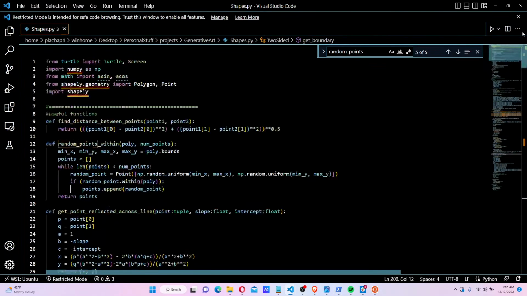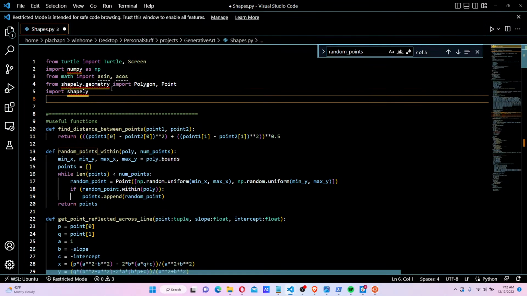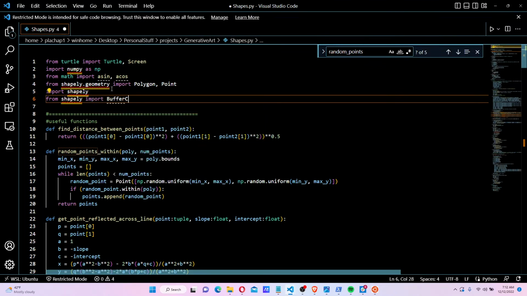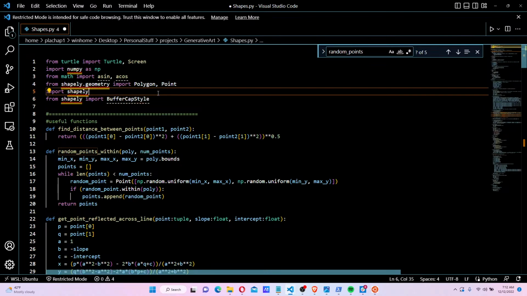Okay. From shapely import buffer cap style.